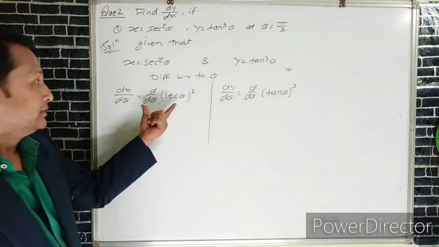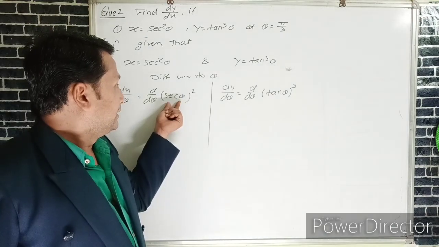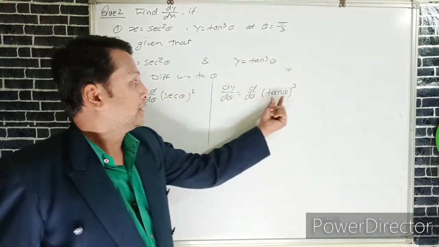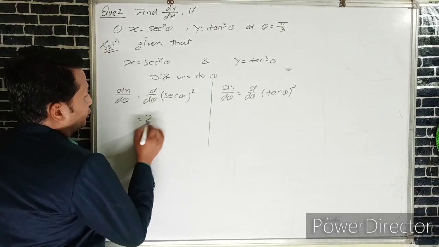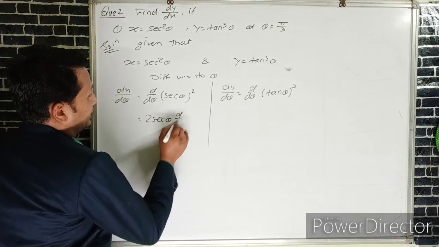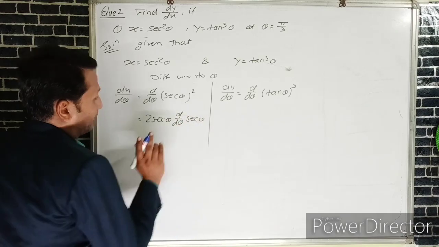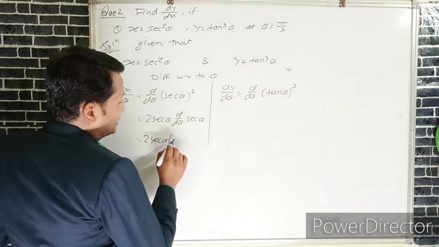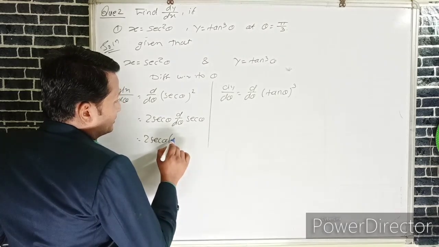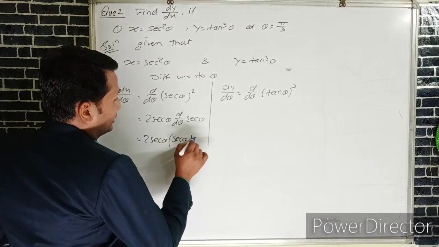We know that here we apply the derivative of x raised to the power n, which is n x raised to the power n minus 1. So we can write 2 sec theta, and we take again the derivative of sec theta. Here 2 sec theta as it is, and the derivative of sec theta is sec theta into tan theta.